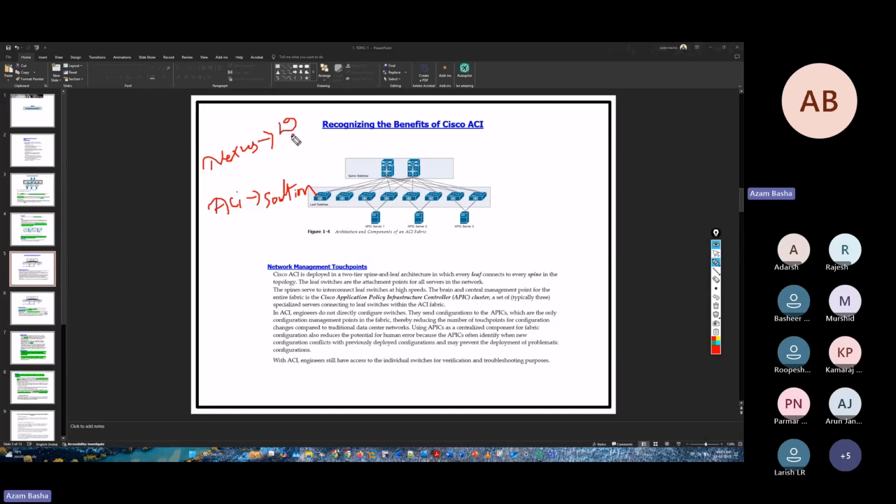Device and solution. Nexus can be used as a single device also. ACI cannot be used as a single device. Coming back to your answer, this device will have all the features that are supported by Cisco ACI. But this device will not be able to do what ACI would do. Does that make sense?